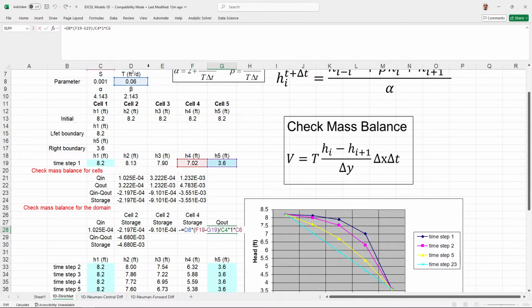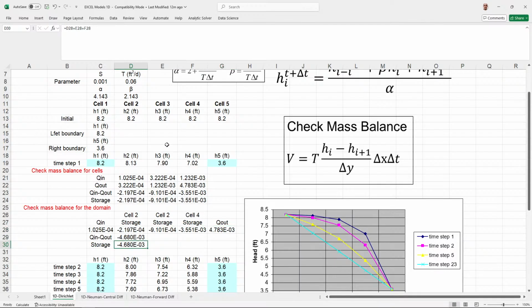And then you can calculate the Q out for this cell. So this is what's entering my model. This is a change in storage, a change in storage, a change in storage. This is what is leaving my model. And then what's coming in and what's going out would be equal to the change in storage. So if I subtracted this from this, that would be equal to what?